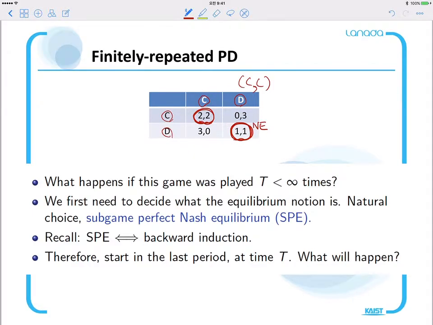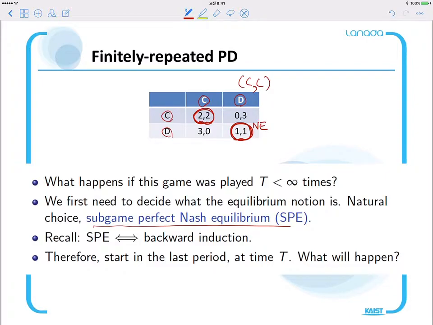Since this is a dynamic game, well, not exactly a sequential game, but a dynamic game, we need to look at the subgame perfect Nash equilibrium as a more refined equilibrium concept.